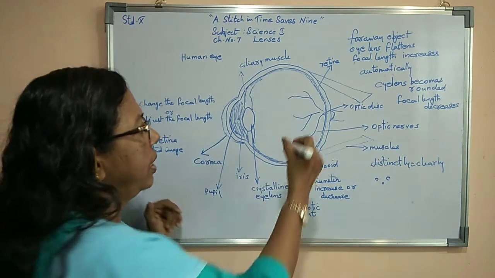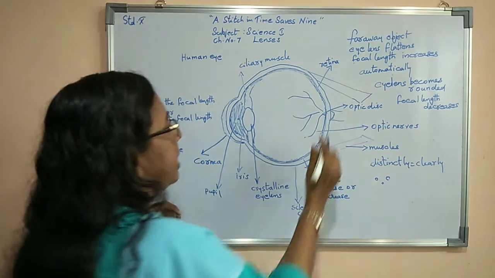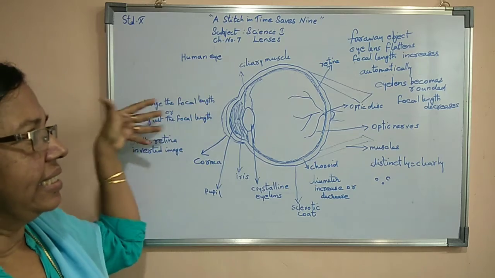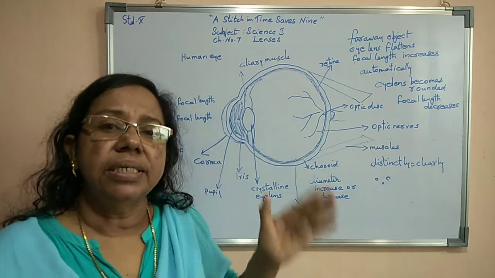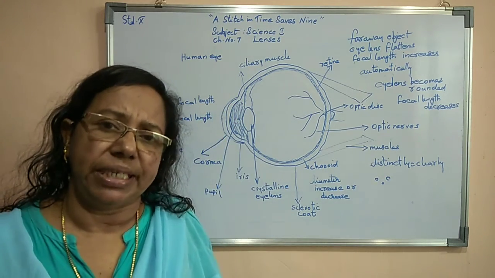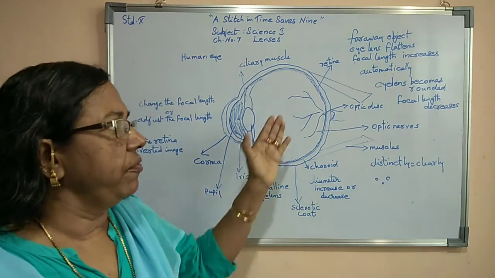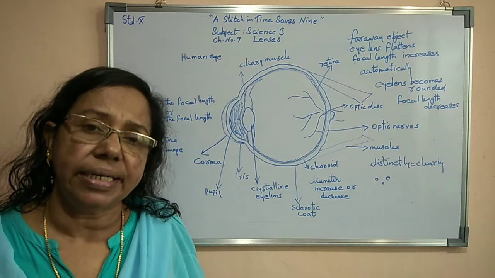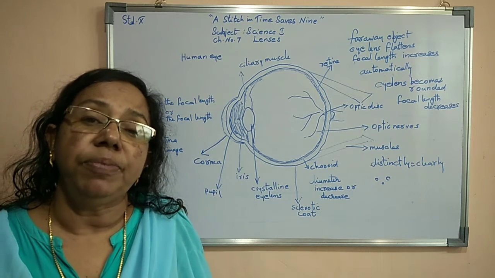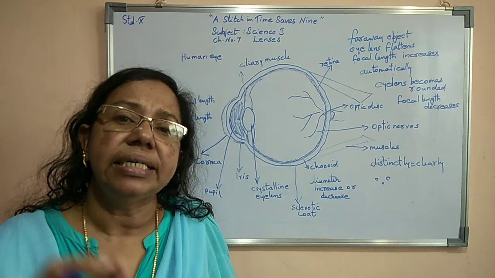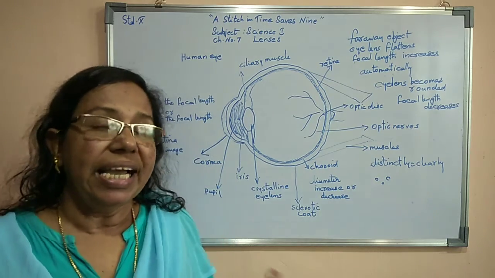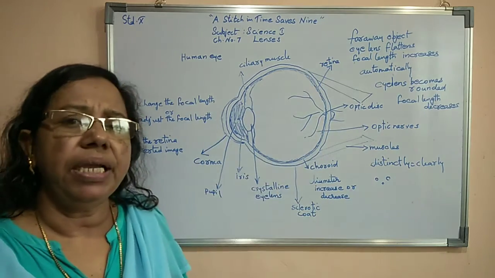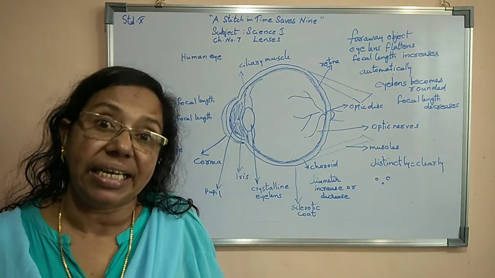So here inverted image formation is taking place as the light rays pass through the eye lens from the object. The image formation will take place on the retina, but that image will be in the inverted condition. As and when light falls, the retina will be very much excited, very active.